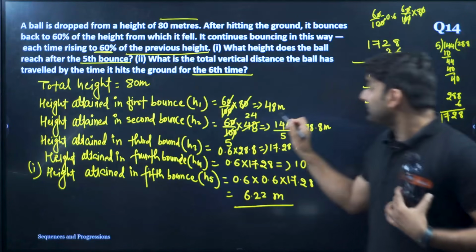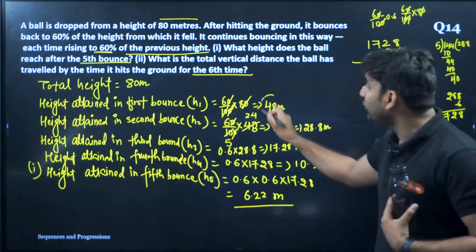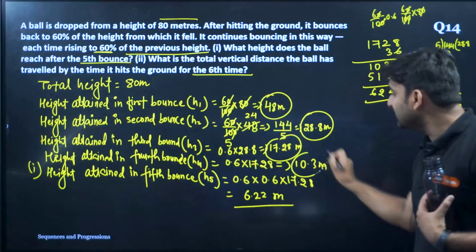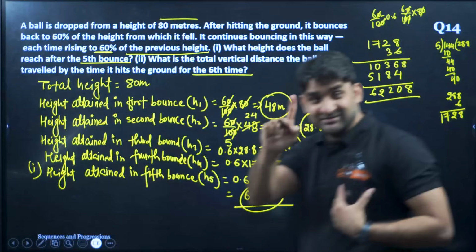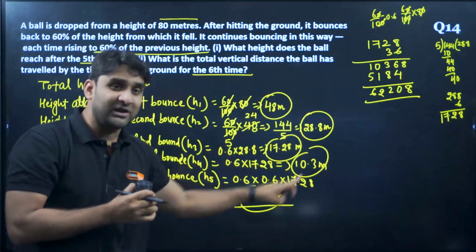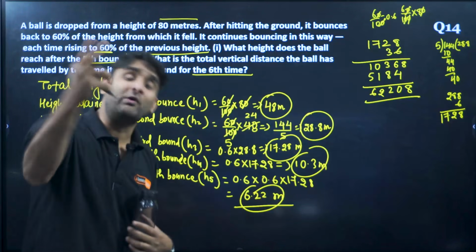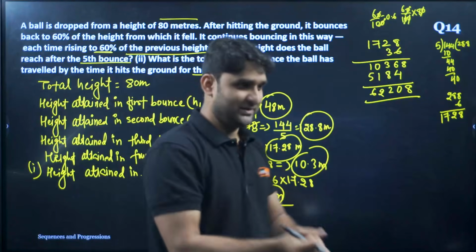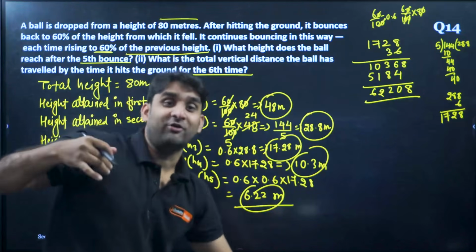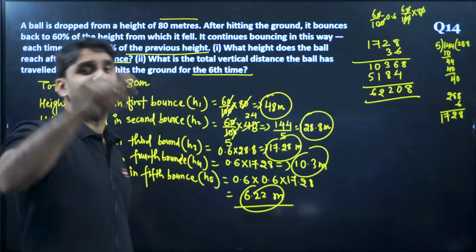So these heights are covered twice, and this is also twice. Before the sixth bounce, each vertical distance is traveled twice. Look, 48 meter first bounce, and again the ball will go to the ground covering 48 meter for the second bounce.